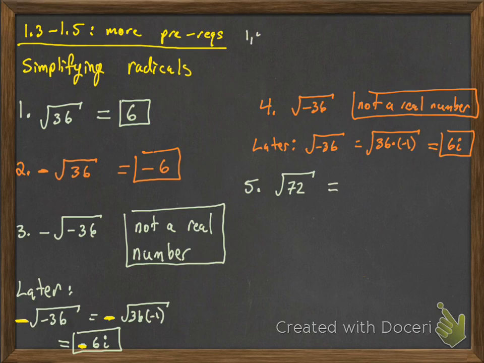We list all the perfect squares, I think I go up to maybe 12 squared is 144. And I'm going to place where 72 fits in that list, and I want to find the biggest one, 64 and down, that actually fits into 72.